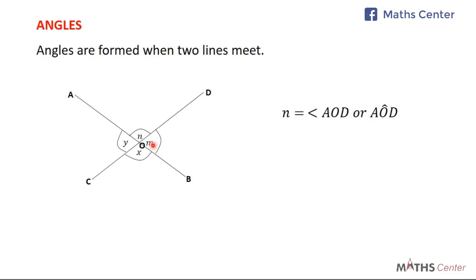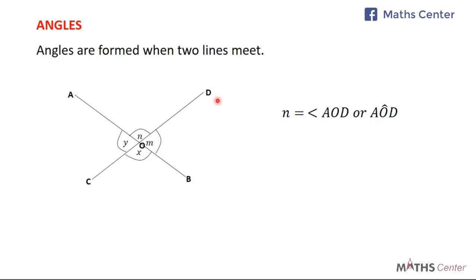We call this angle here angle M. To name this angle is going to be angle BOD or DOB. It's still O because the angle is falling on the point O. The name of the angle formed between D and B is angle DOB or BOD. It can be either one.